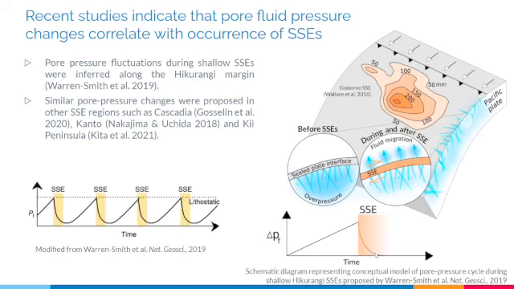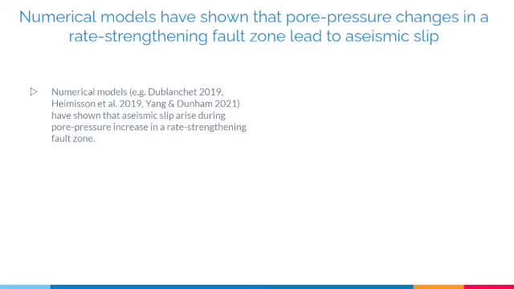So our idea was to try to test this conceptual model using simulations, and our modeling approach is motivated by recent studies that show that pore pressure changes on a rate strengthening fault zone lead to aseismic slip.